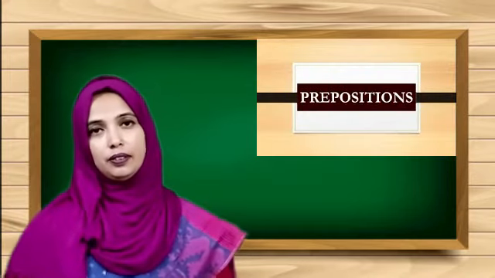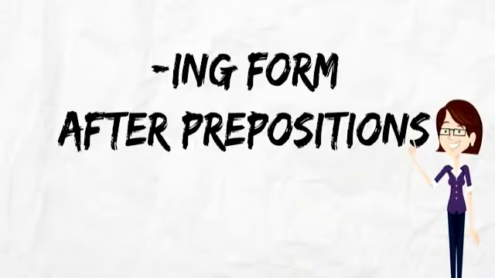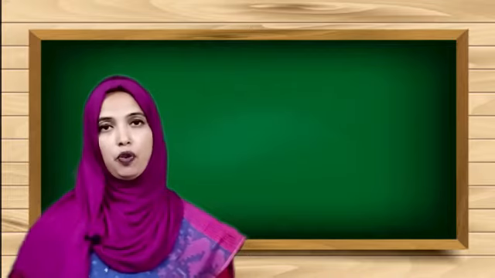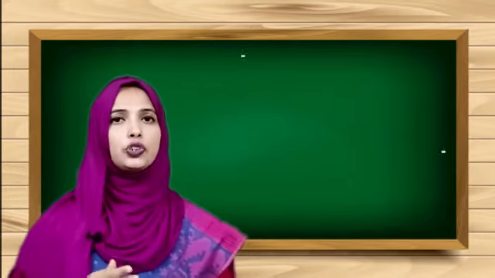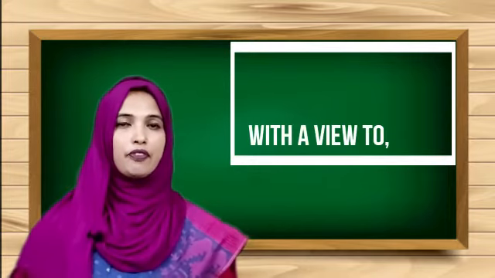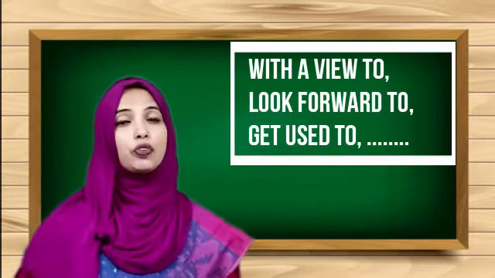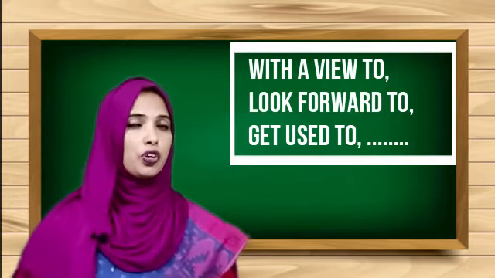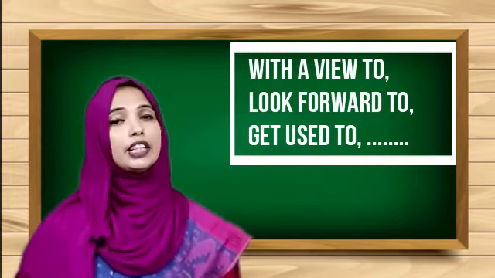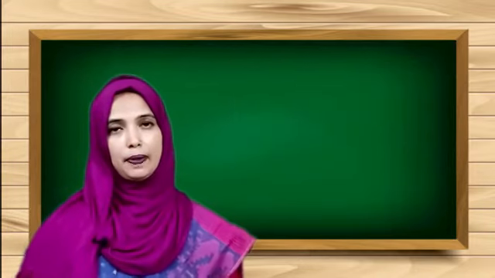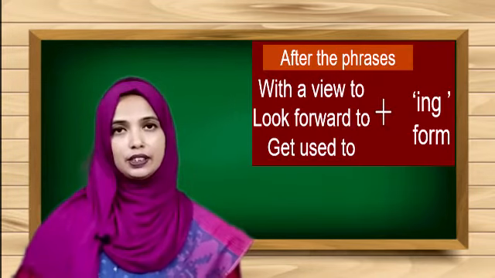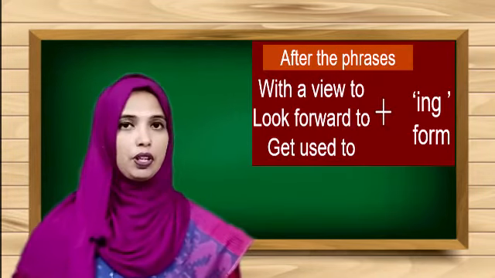Now preposition. If you have a verb after a preposition, you have to put this verb into gerund form. And dear students, you also know this, there are some phrases which end with a preposition, like with a view to, look forward to, and get used to, etc. After these types of phrases, you have to write the ing form of the verb.